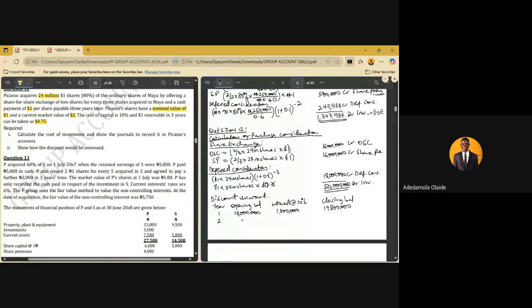In year two, it will be 19,800,000. Interest will be what? 1,980,000. And that will give us how much? 21,780,000. Am I right?